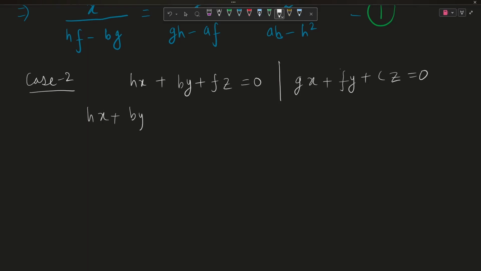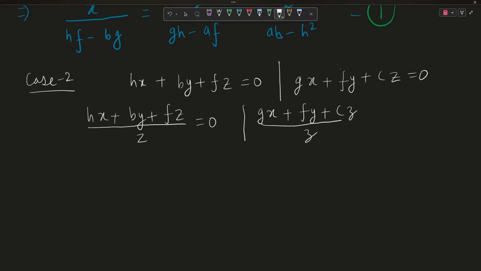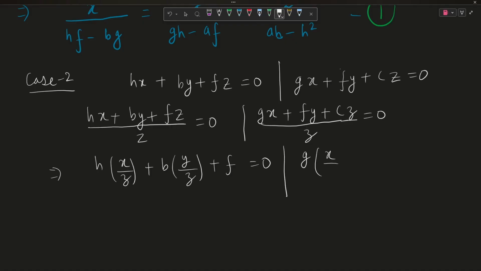So hx upon z plus bz... sorry, by upon z plus f is equal to 0, and another equation as gx upon z plus fy upon z plus c is equal to 0.